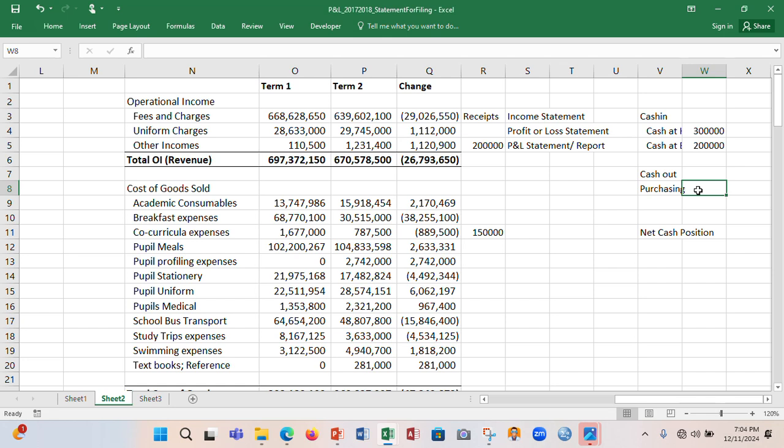If you purchase, and the same purchases have taken that money, and then expenses, you also add expenses.